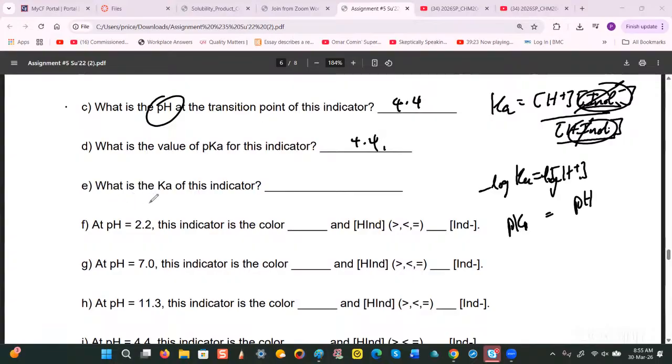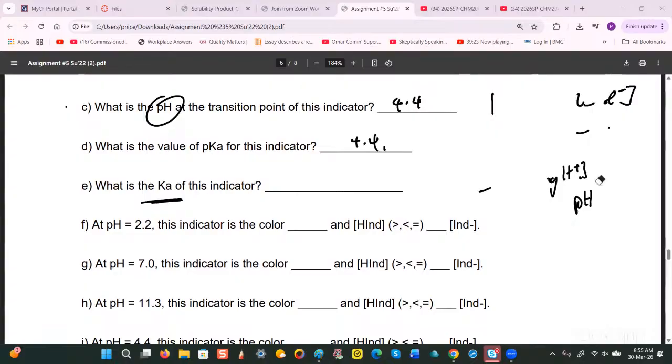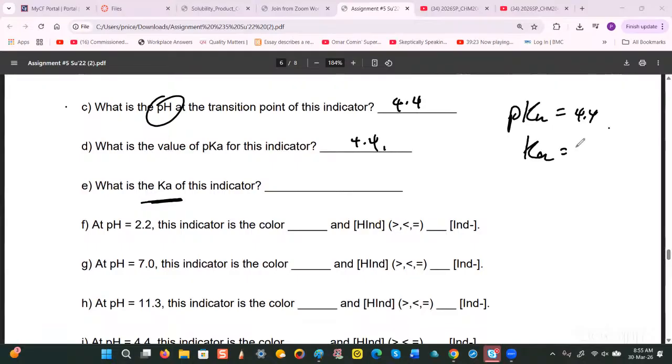Okay, next question is, what is the Ka of this indicator? If pKa is equal to 4.4, then what is Ka equal to?